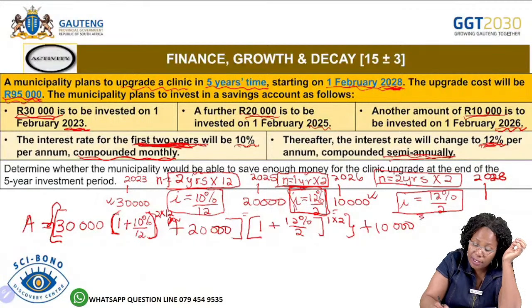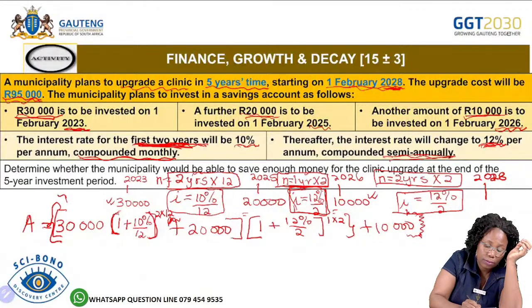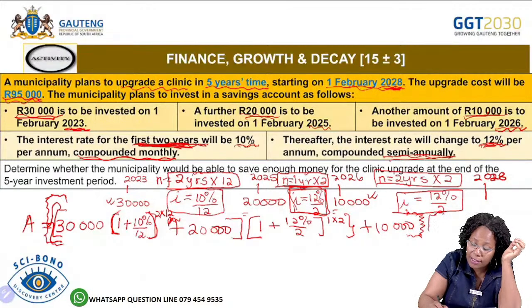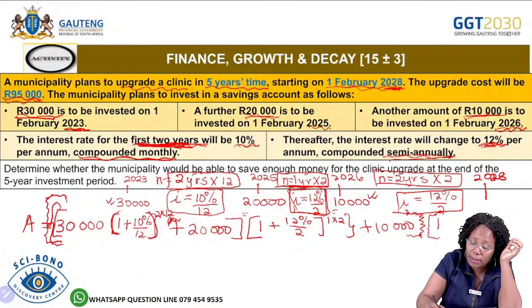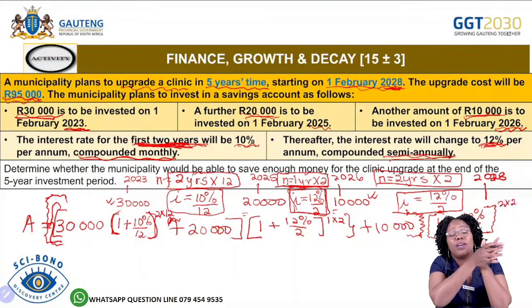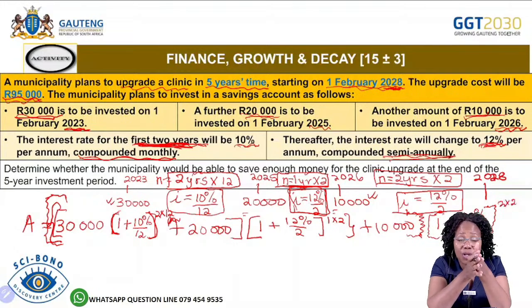So we are taking this value here, investing it for the last time. So the last investment will be 1 plus, what is our i, still 12% over 2, and then to the power n, which is 2 times 2. And then now you can put everything into your calculator, Grade 12.